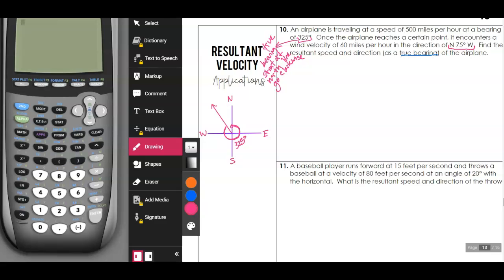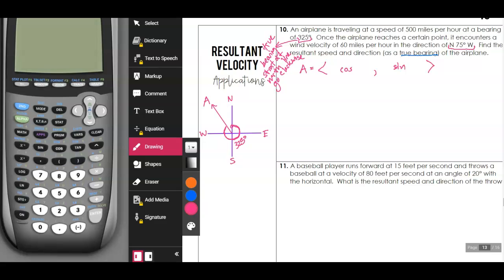Now, when I am finding my vector in component form, do I use a bearing to find my component? So if I'm trying to find this vector in component form, I know I have to use the formula: the magnitude times cosine of our angle, magnitude times sine of our angle.